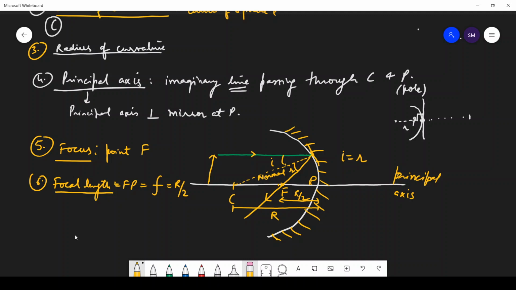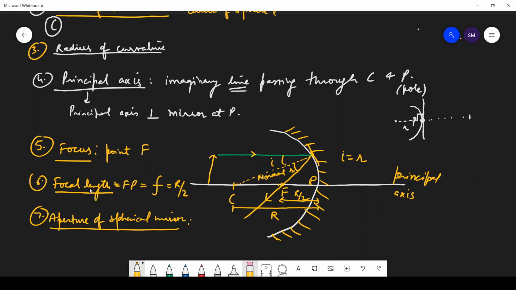Now another important term that we have is aperture. All these are related to spherical mirrors.